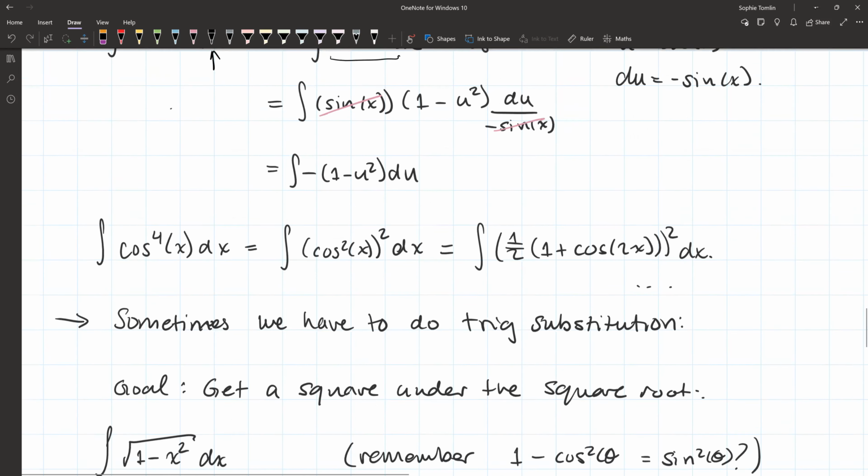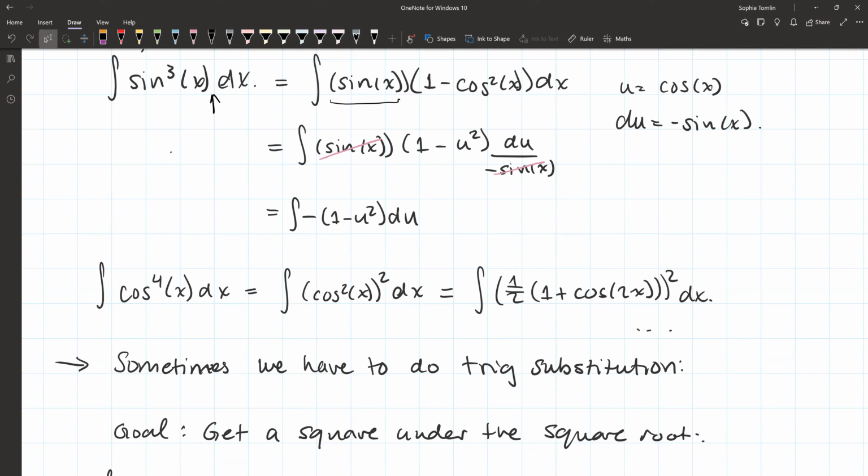So then in this case, with an even power of cosine, again, we want to get our squared factor, or we want to keep it in terms of squared. So we'll take out the factors. So here we have the 4 is equal to 2 times 2, but say this was a 6.